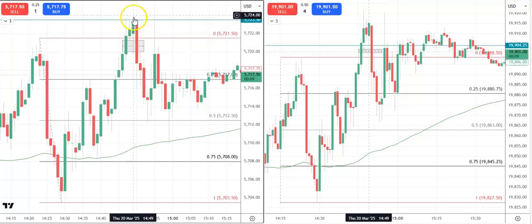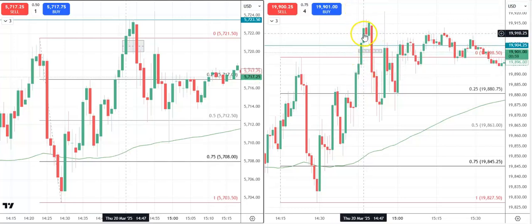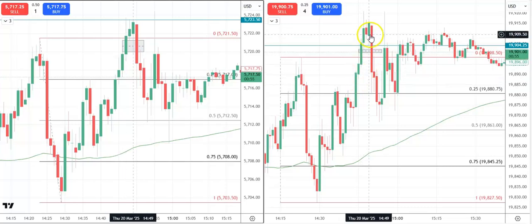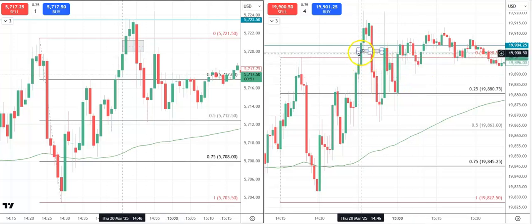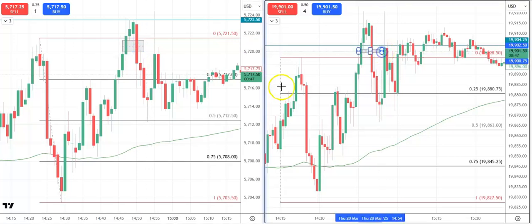You don't want to be taking it. See how this one closed above it? If this one had closed above it, then I might have considered going with a continuation, but it did not. Whenever you see that, I'm thinking immediately reversal. So what we have here is a little liquidity pool.